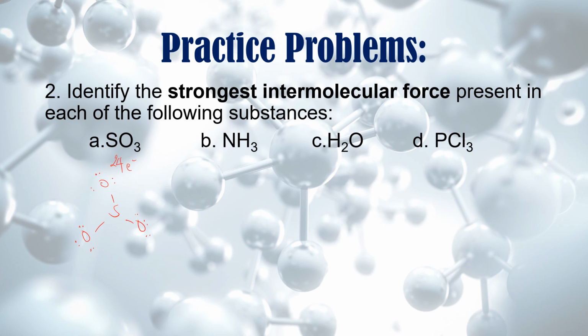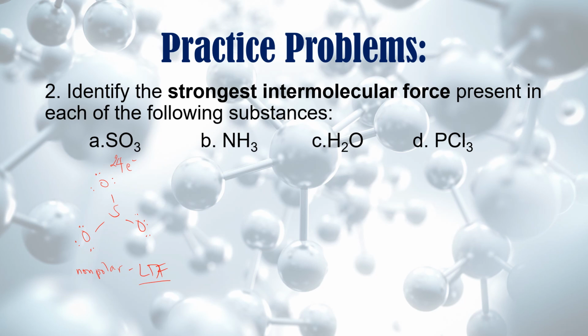As you can see, the central atom does not have any lone pair, so this one is a non-polar molecule. So what type of IMF is present in non-polar molecules? The answer would be LDF. So for letter A, the answer is London dispersion force.